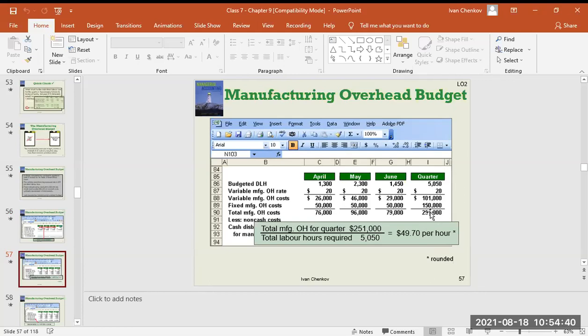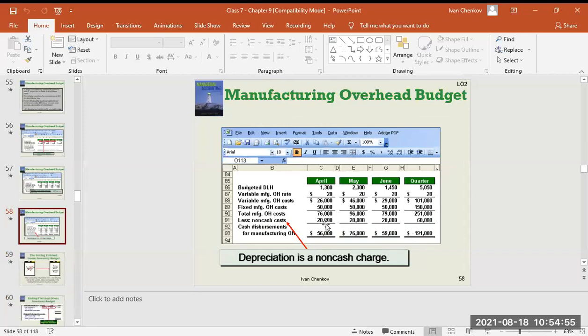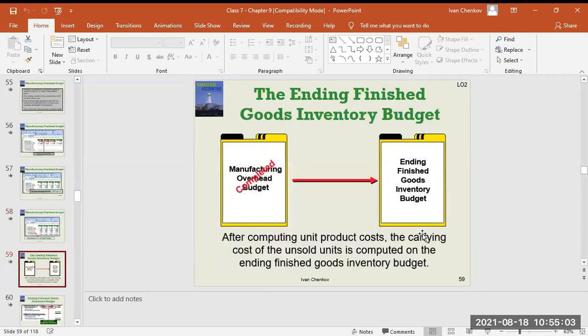Once we have the total cost, which is the budget, and the total allocation base for the driver, which is 5,050, we can come up with the predetermined manufacturing overhead rate. Then we eliminate the depreciation item, and we come up with the cash disbursements for the manufacturing overhead. At this point, we have to calculate the finished goods inventory budget.